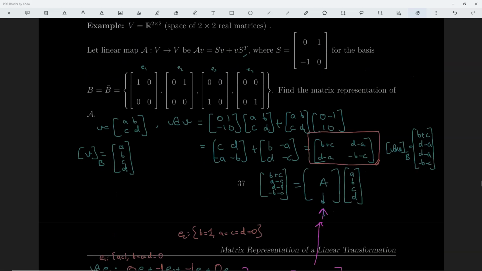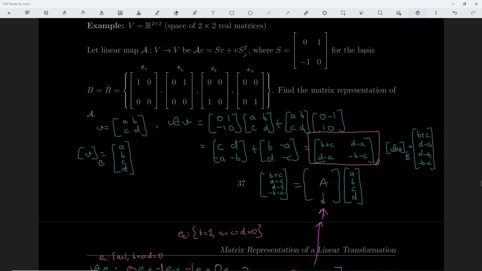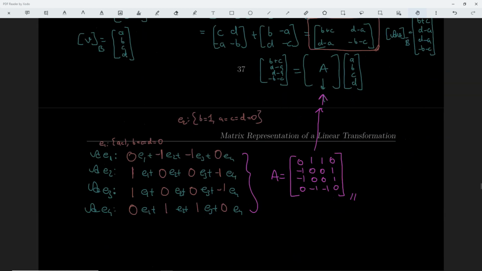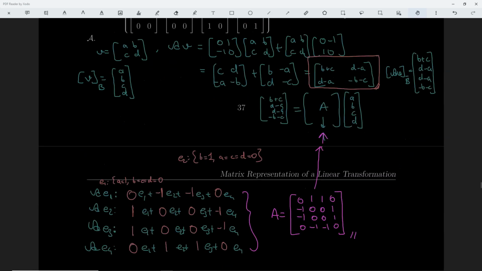But since that was a complicated linear transformation, we first tried to write down a general expression for the linear transformation of a matrix given as ABCD. I obtained this matrix, and I just wrote down the coefficients of the entries of these bases over here, and obtained those coefficients. Do you have any questions? Is there anything I can explain better there?